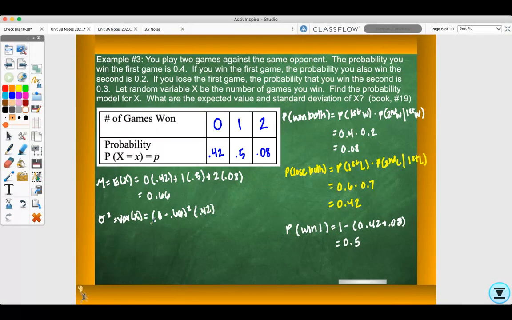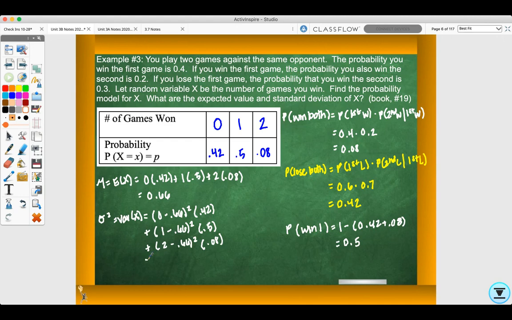And then I would do the same thing. I'd add that 1 game minus my expected value squared times the probability of winning 1 game plus 2 games minus my expected value squared times the probability of winning 2 games.